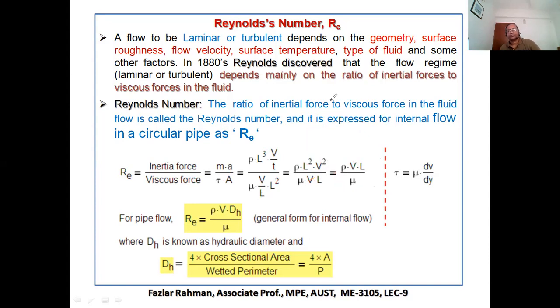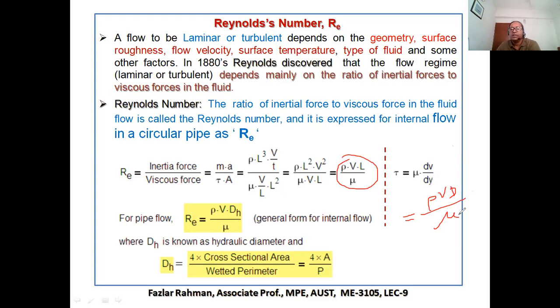Now, rho V L, where L is the length, right? Instead of length, we like to put rho V D by mu, because for internal flow we normally use a circular pipe or a duct, right? Like in all commercial buildings, the air conditioning units use ducts.